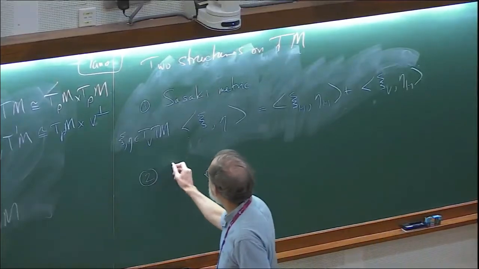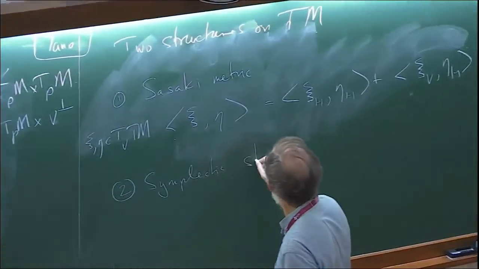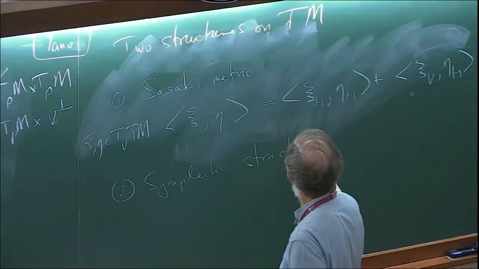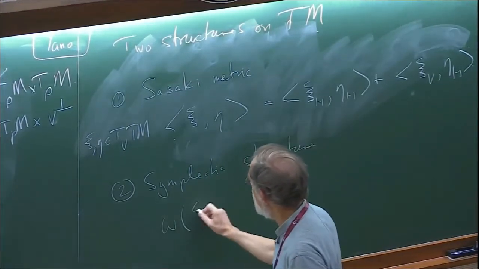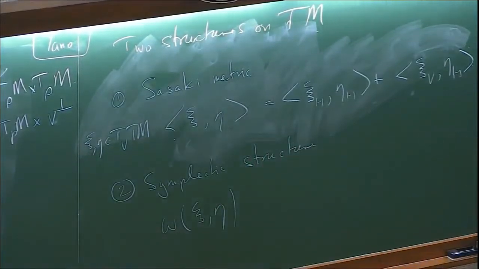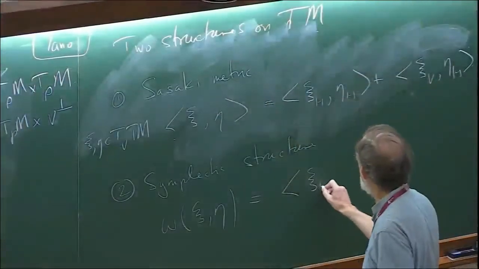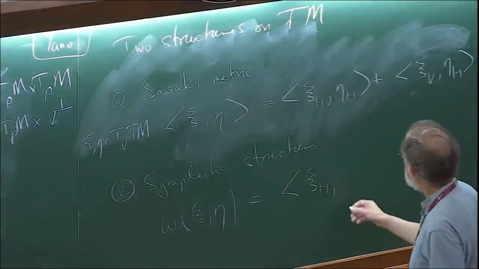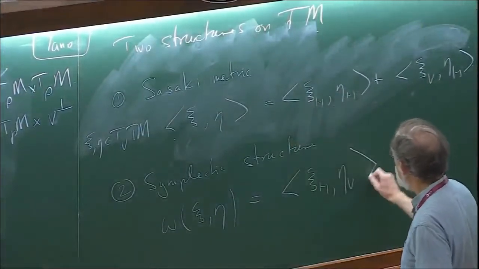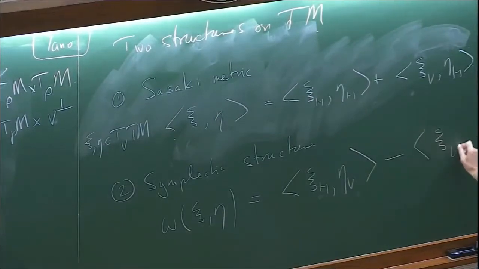The other thing is a symplectic structure. So I've got the same xi and eta, and now I have omega. So you already know from the choice of letter that this is a two form. And what you do is you do the same kind of thing, but I sort of have h with v, and then there's a minus.